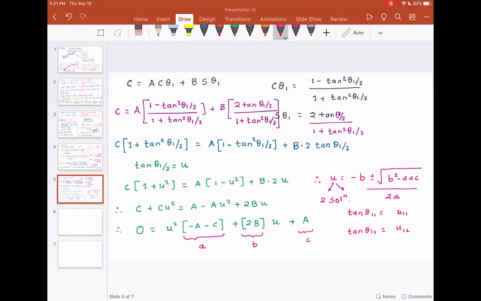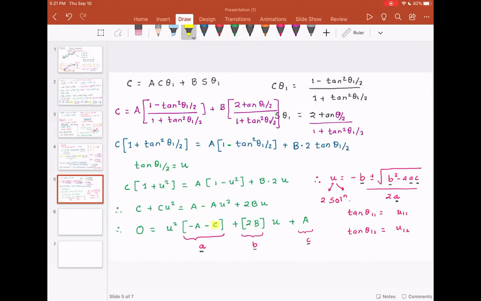So where did C go? A, B, C. Oh, this is small c. So I'm going to call it C, B, A. So A minus, so C is here.